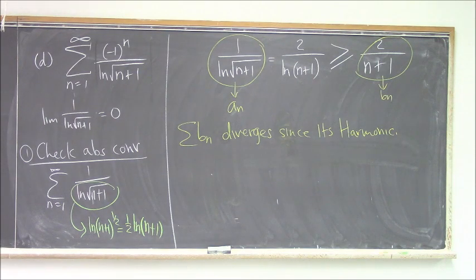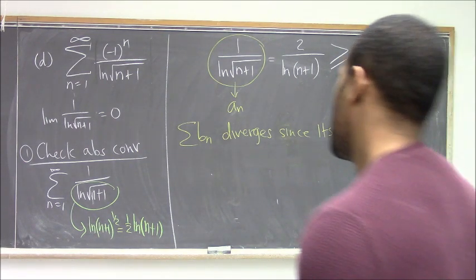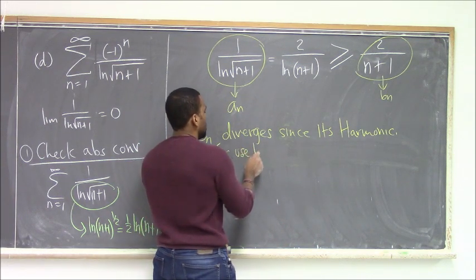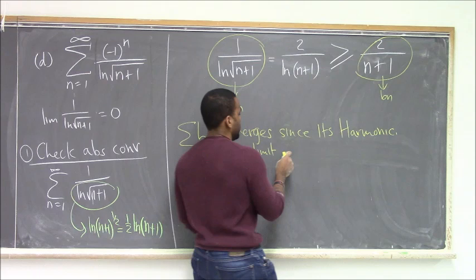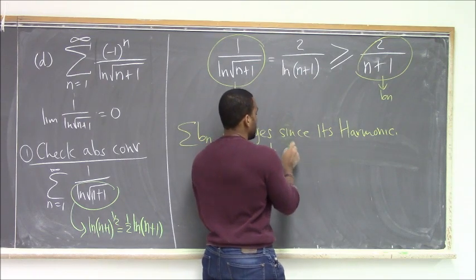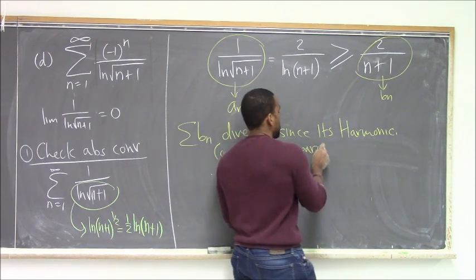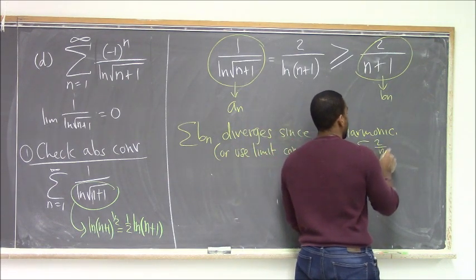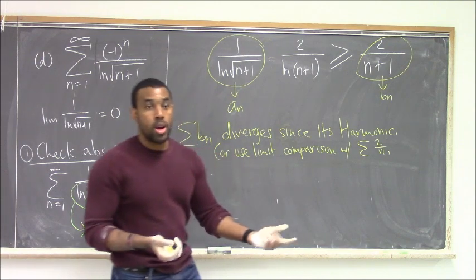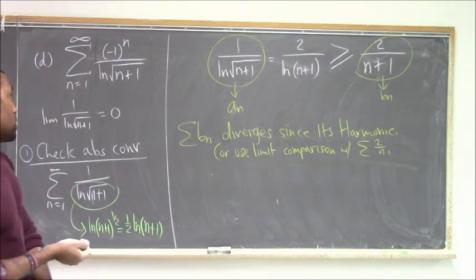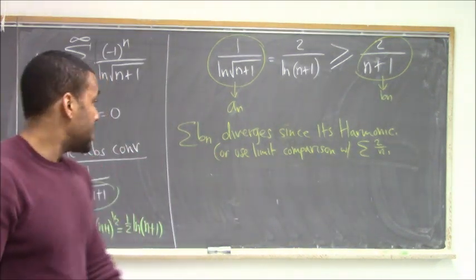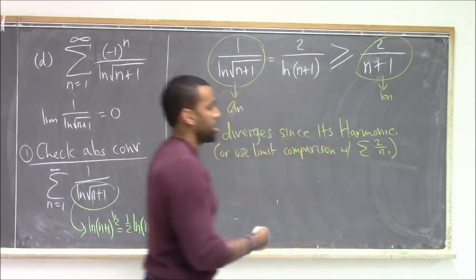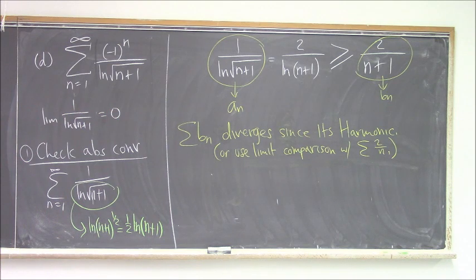Other than that, another way you can do this is use limit comparison with 1 over n or 2 over n, which you know is harmonic, strictly speaking, like factoring off the 2. That's exactly textbook harmonic. But this one here is also harmonic, right? It's just a step ahead in the harmonic series.